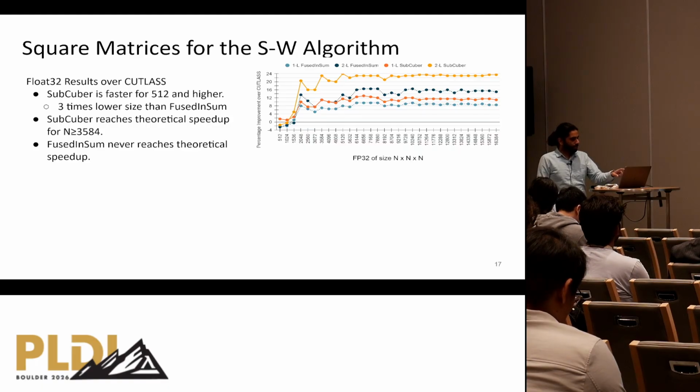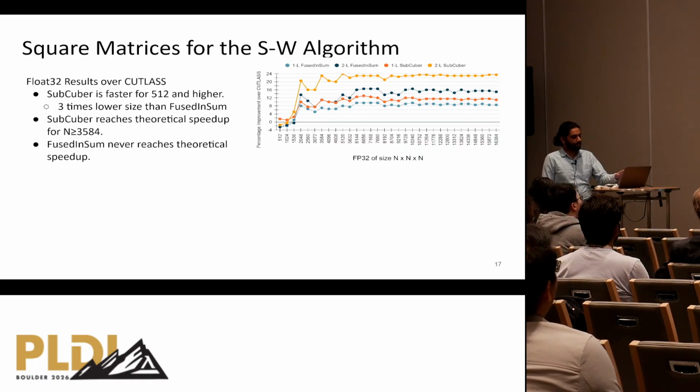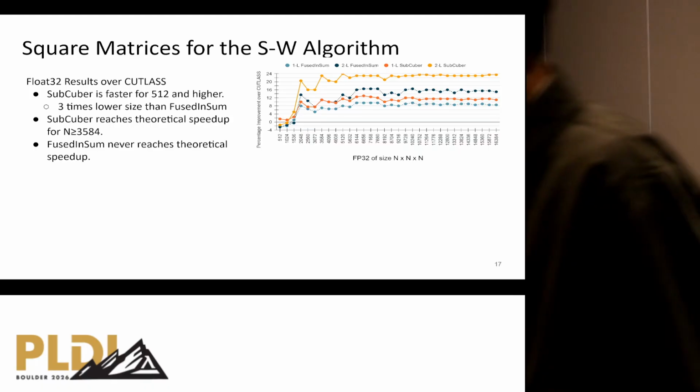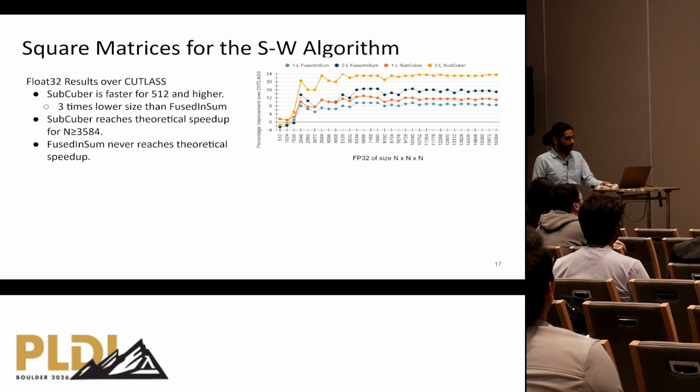As you can see, SubCuber reaches the theoretical speedup of 23% at size 3584 and more for 2 levels, and similarly 11%, 12% for the first level. While the blue lines, which are for fused InSum, never reach the theoretical speedup. They are only 16% for the second level, for example.